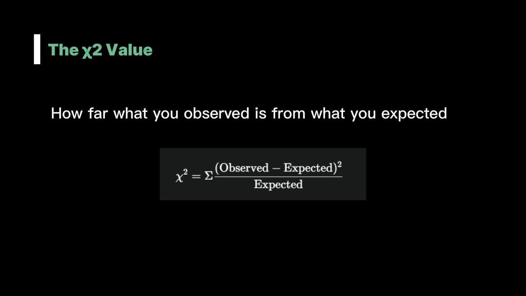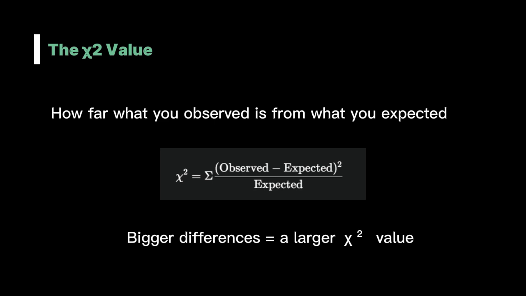Finally, you add them all up, and that total is your chi-square value. So with bigger differences, you will see a larger chi-square value, and then it becomes stronger evidence that the variables are related.